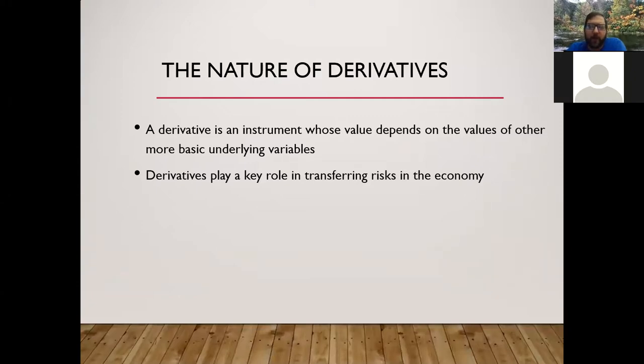But we could offset the cost of diesel fuel so that it would not impact our delivery costs as sharply. So if those prices went up, we had this position that would also go up, and the increase in that position would offset our fuel cost. And so that was a way for us to transfer away that risk of fuel price fluctuations, right?